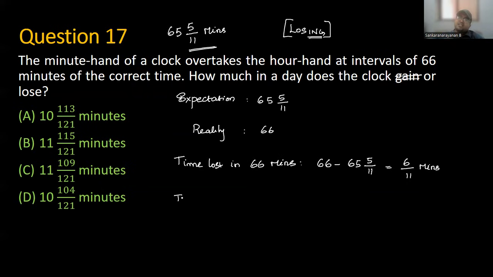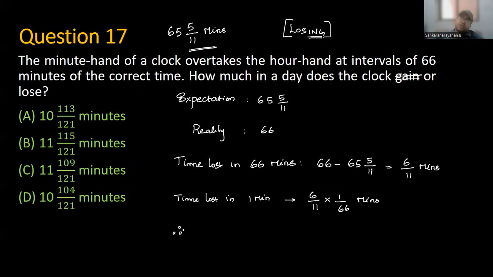Therefore, I will say the time lost in 1 minute will be nothing but 6 by 11 into 1 by 66 minutes. This is the time lost in 1 minute.